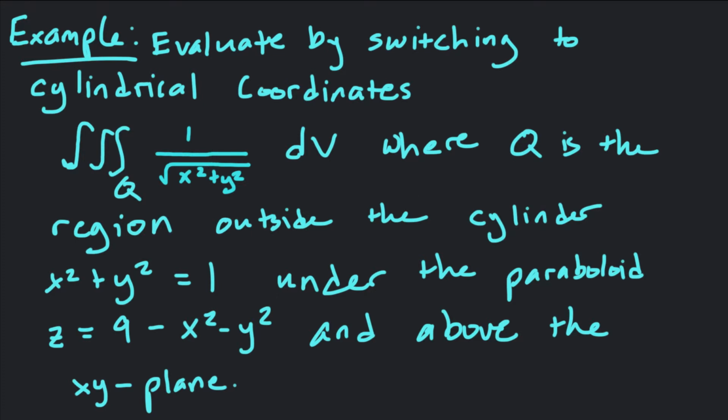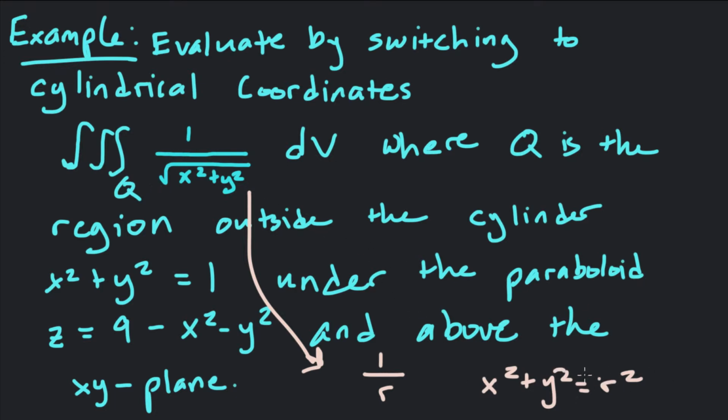Changing that integrand, it becomes 1 over r, because x squared plus y squared equals r squared in cylindrical coordinates, and taking the square root of r squared gives r. So our integrand is 1 over r.